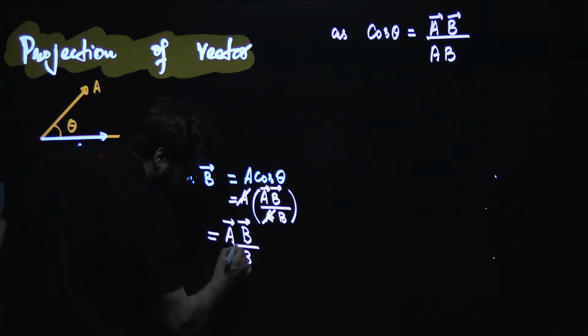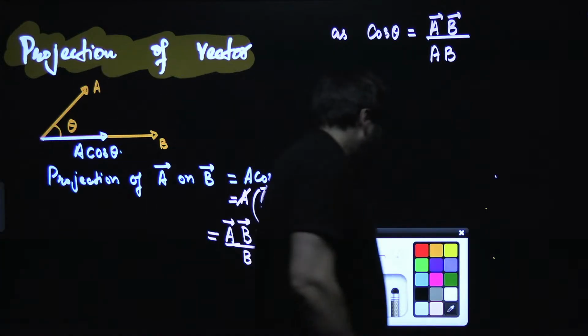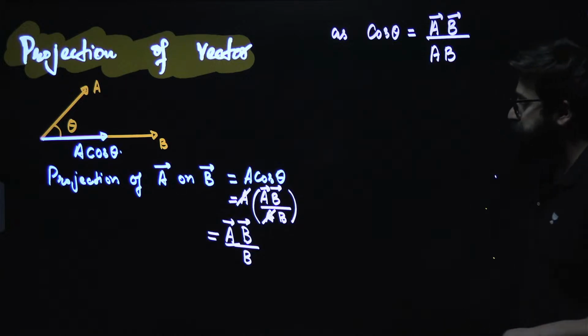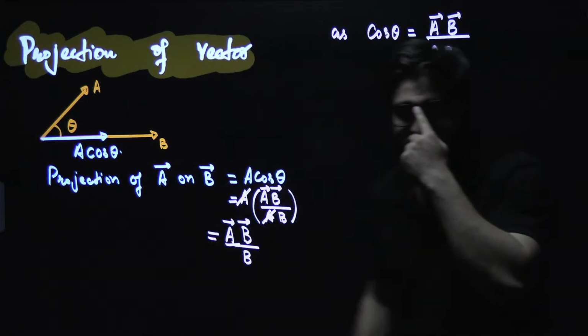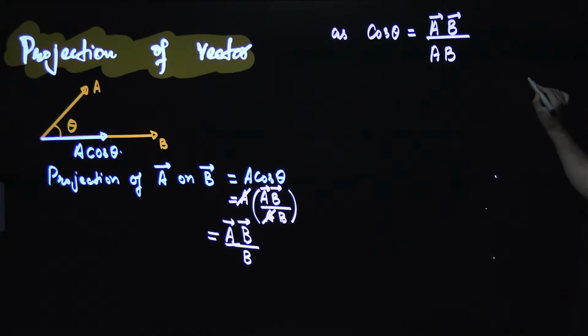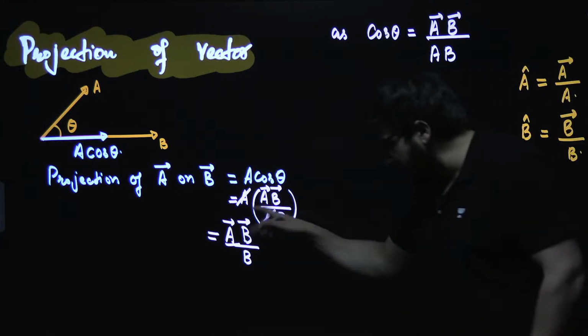Now, I have told you before also, if you have to write the unit vector of any vector, let's suppose I have A unit vector. How do we write this? It is vector A divided by magnitude of A. If you have B unit vector, you can write it as B vector divided by magnitude of B vector. Same I can do over here.